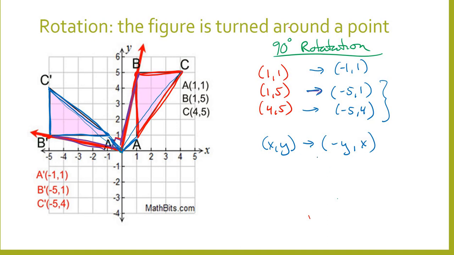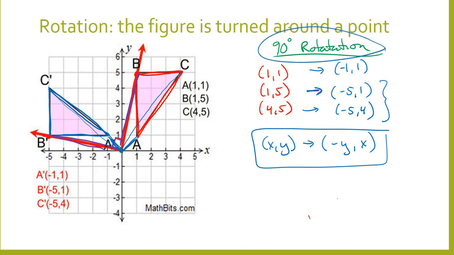So an (x, y) goes to (-y, x). So this one's a little bit trickier, but that's my 90-degree rotation general rule. And again, I should really say that that's the opposite of y. (x, y) goes to (the opposite of y, x).